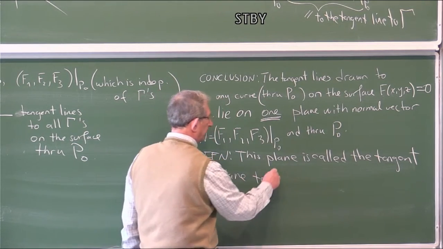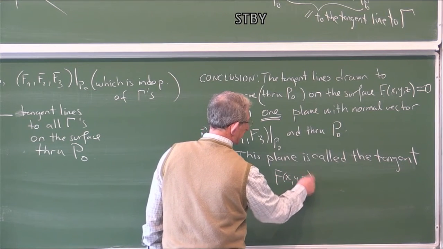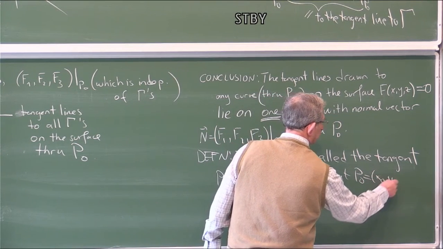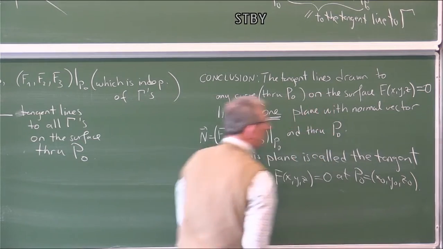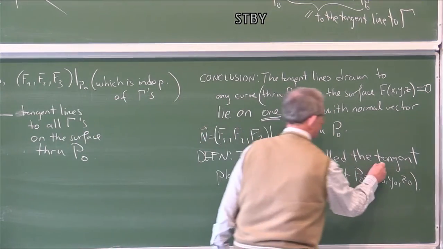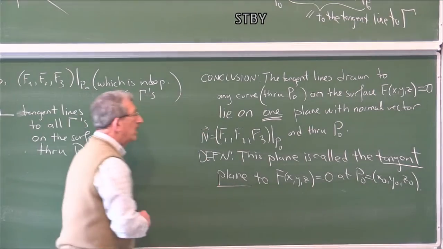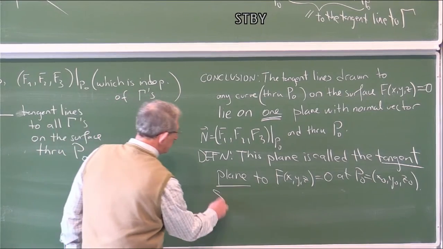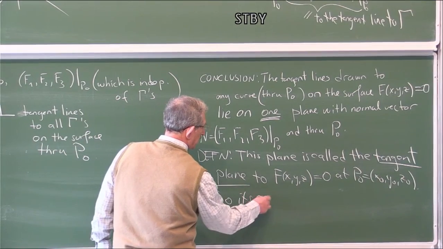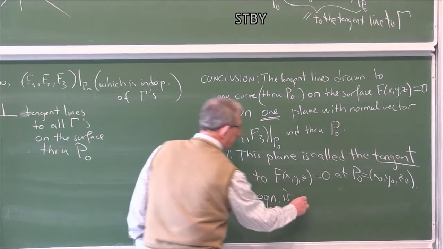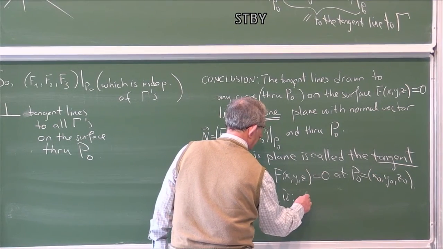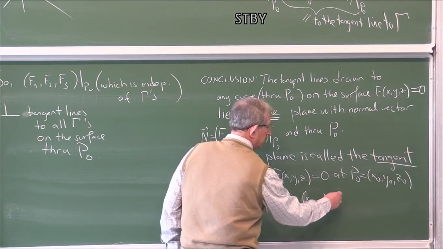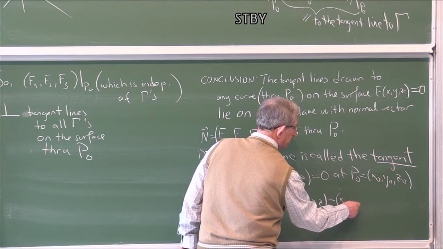For F of x, y, z equal to 0, at P0, x0, y0, z0. Well, immediately we get its equation. So its equation is P minus P0, let me say x, y, z minus x0, y0, z0.